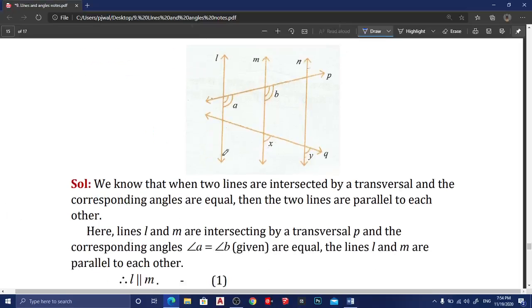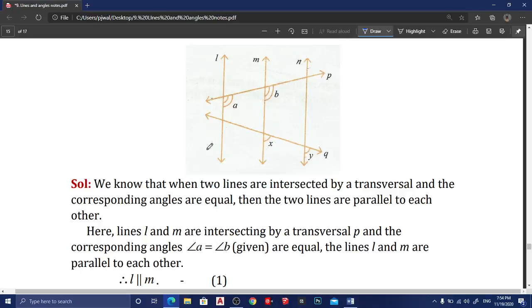Here the lines L and M are intersected by a transversal P, and the corresponding angles A and B are formed. These two angles are equal to each other, as also given here.